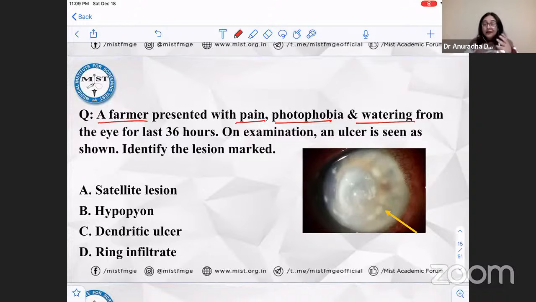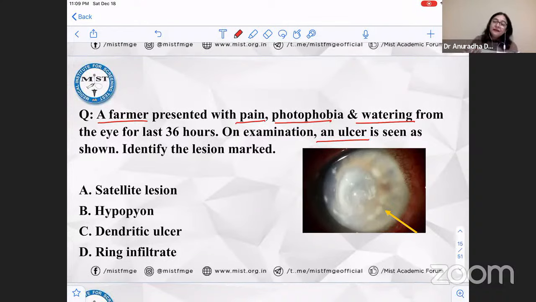But if it's a farmer, then the chances of having a trauma and resultant corneal ulcer is much more. Then already they are showing on the image a corneal ulcer. So they have now told you that it is a corneal ulcer, and you can see on the image it's a corneal ulcer. Now identify the lesion marked.